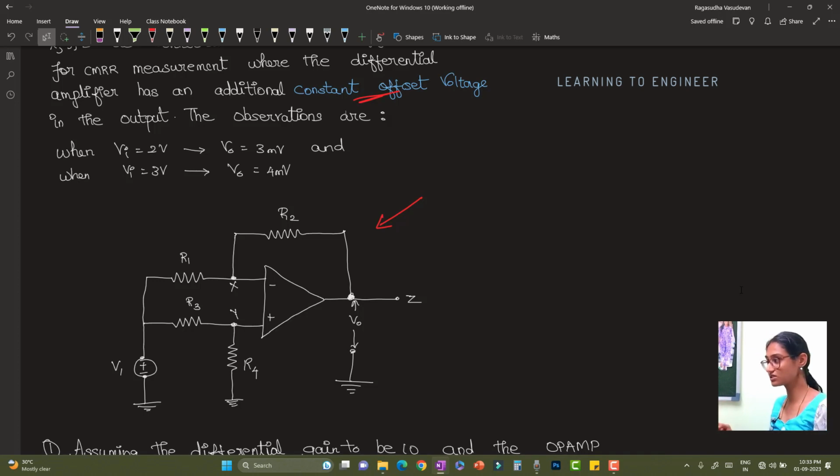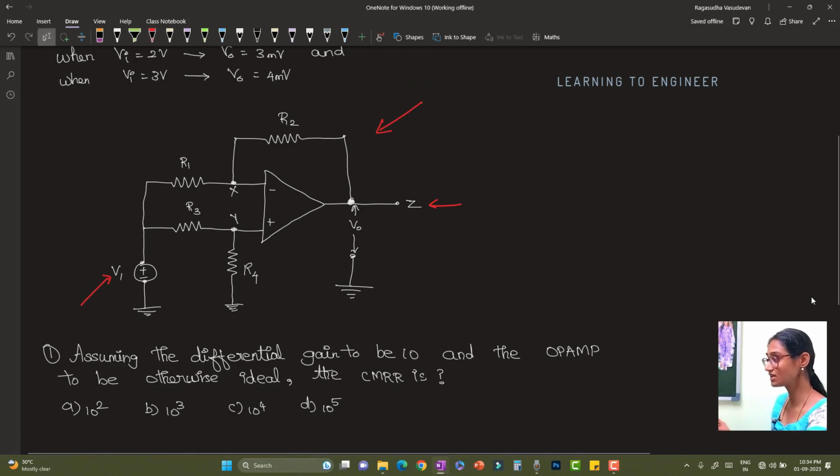The observations are: when Vi is 2 volt, Vo is 3 millivolt, and when Vi is 3 volt, Vo is 4 millivolt. The question is, assuming the differential gain to be 10 and the op-amp to be otherwise ideal, what is the CMRR?